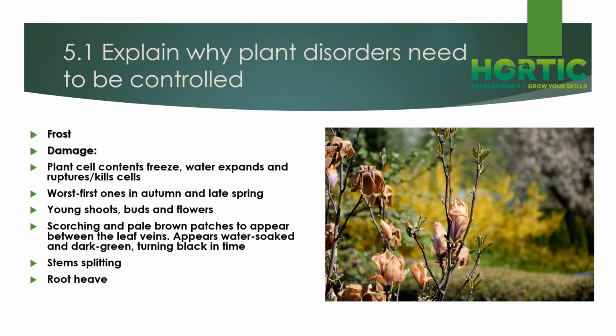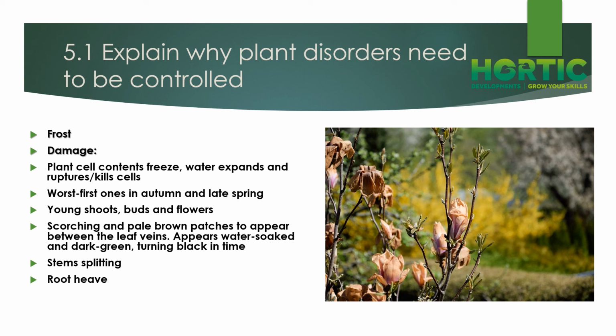The worst frosts are generally the ones that we have in the autumn and in the late spring. And the simple reason we've got a problem with those is, as we go into autumn, many of our plants are not quite fully dormant. They're at a point where they're just getting ready for the winter, and they might be just starting to shed their leaves or wind down and reduce the water flow through the plant.